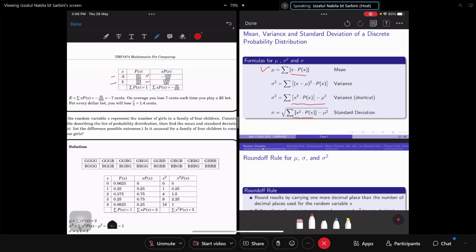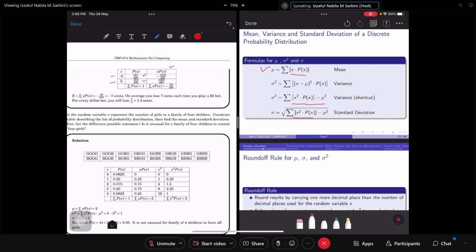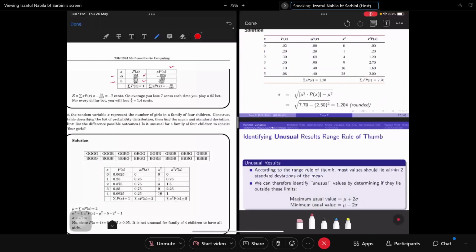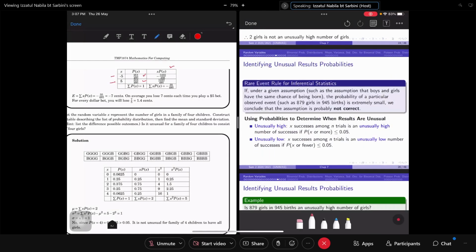Now you extend the table to have x times px. Why? Because of the formula for expected value, I think it's here. Let me go to the lecture.